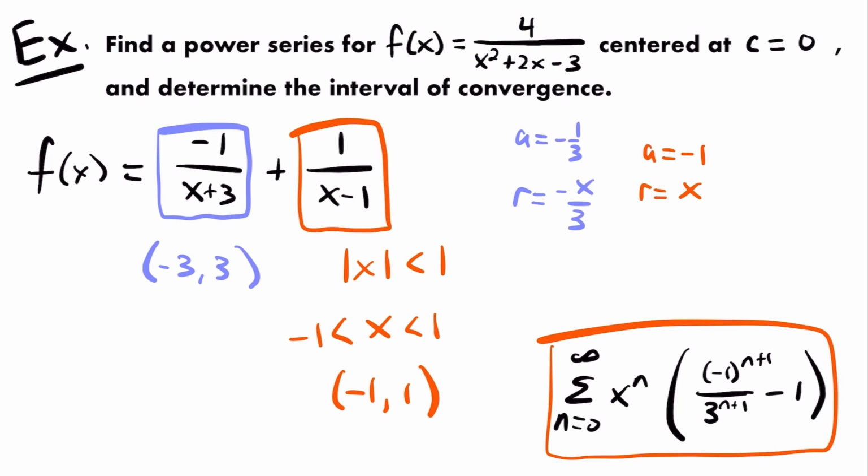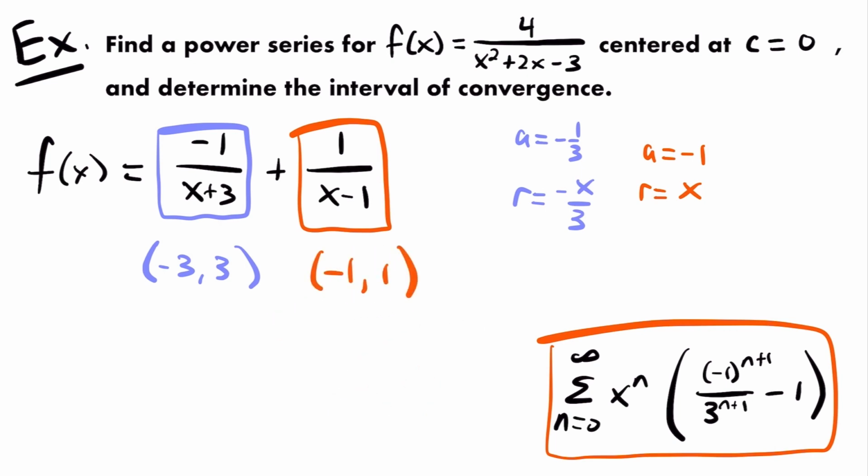All right, now we have both of our intervals of convergence. And so what is the intersection of these two intervals? What values of x do they both include? Well, this interval is smaller than this interval, right? This one contains values from negative 3 to 3, but this one only contains values from negative 1 to 1, and all of these values could also be found within this interval.